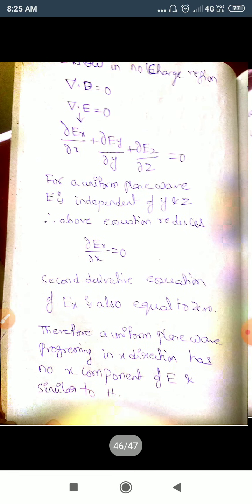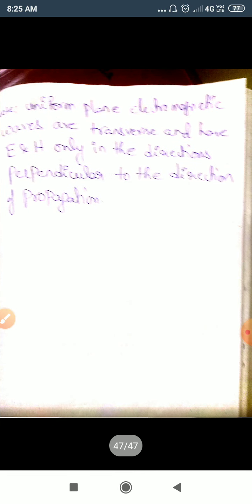So finally a uniform plane wave can be considered in terms of three things. A uniform plane wave is a combination of electric field and magnetic field. In the direction of propagation, the electric field and magnetic field components will not be there; only components perpendicular to the direction of propagation exist. Simply, I will tell only three things about the uniform plane wave.